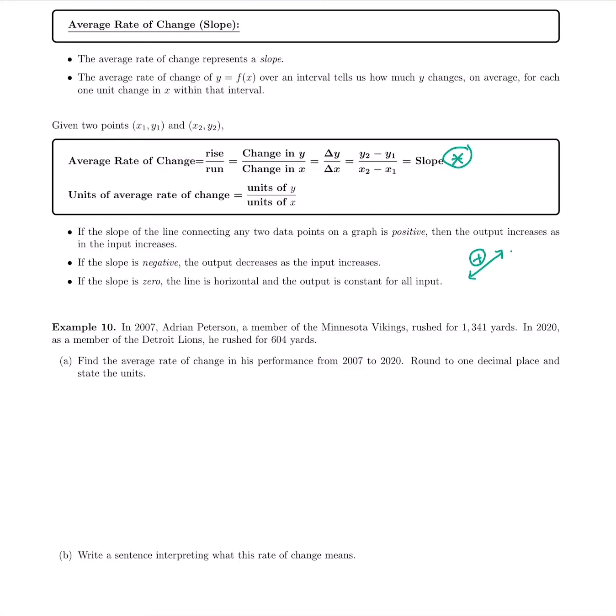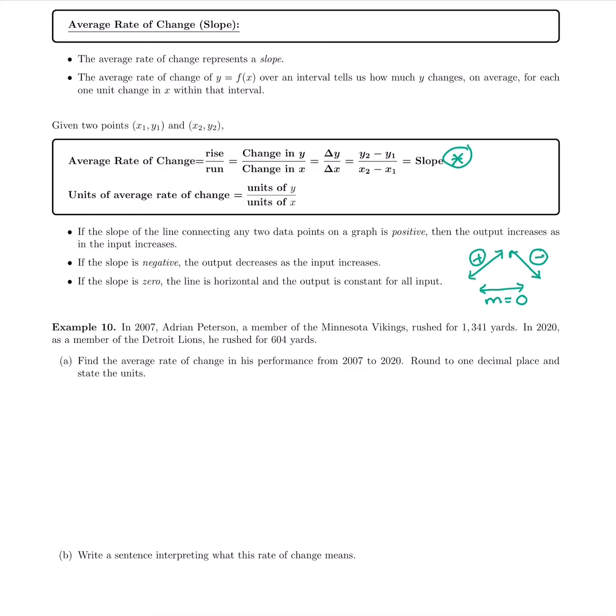If we get a negative number out, that means we're falling left to right. As the x value increases, or the input increases, the y value decreases. And then if the slope is 0, it could be a constant part of the graph. So slope is normally m, so m would be 0 there.